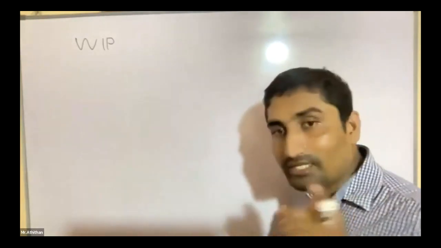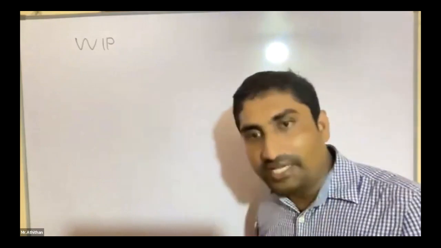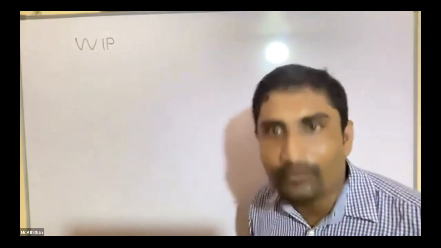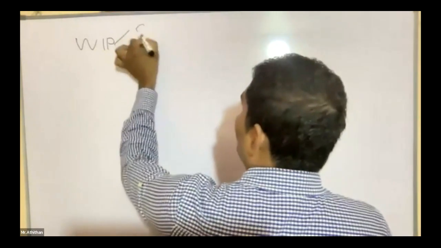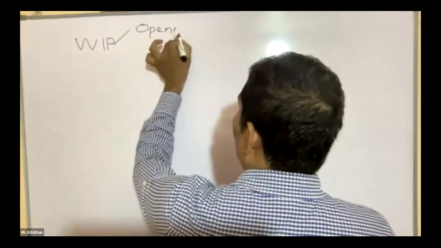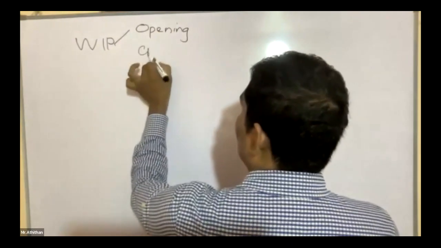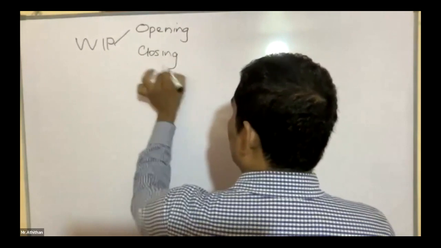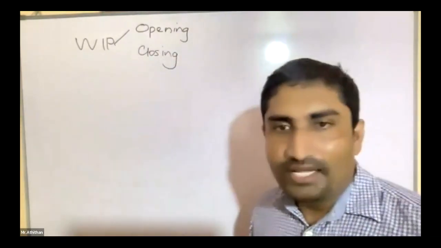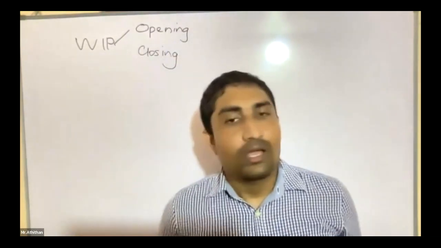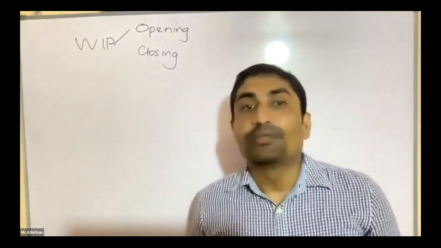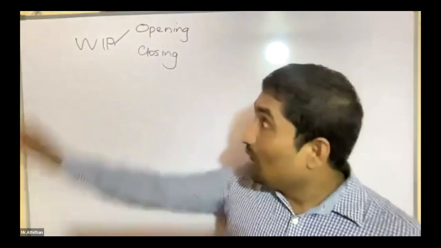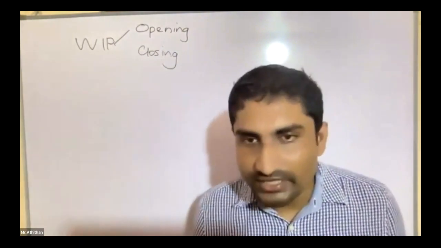So this work in progress comes in 2 scenarios. இரண்டு வேறுபட்ட சூழ்நிலைகள்ல இந்த work in progress வரலாம். Right? Opening and closing. Opening WIP இருக்கலாம், closing WIP இருக்கலாம். So work in progress means already production started.